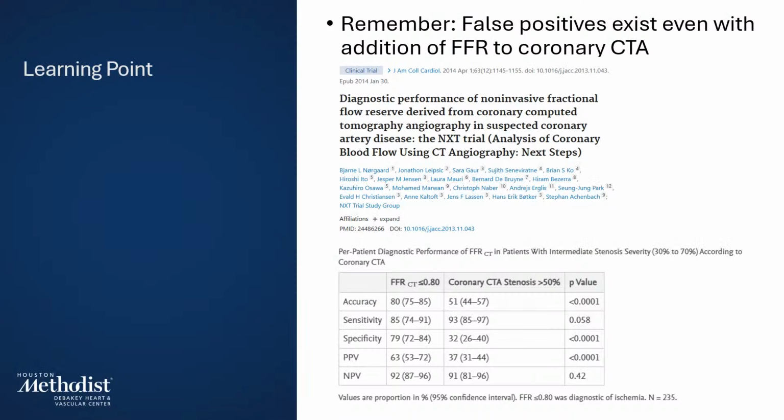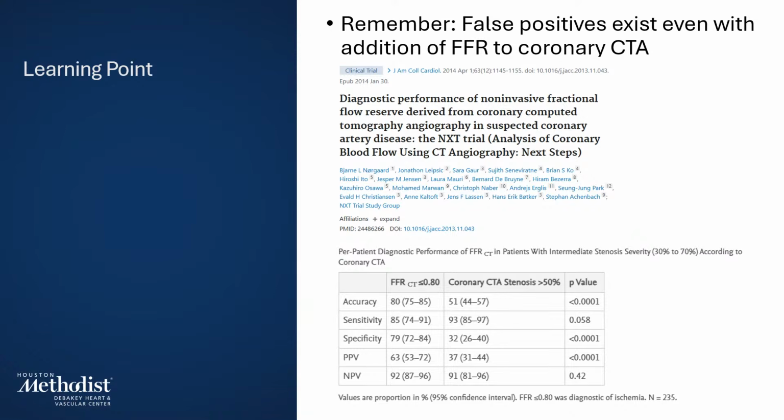So the teaching point I wanted to highlight with this case is that false positives exist even with the addition of FFR to coronary CTA. And I'm sharing this article from the NXT trial, which was used to evaluate the significance of adding FFR to CT angiograms.